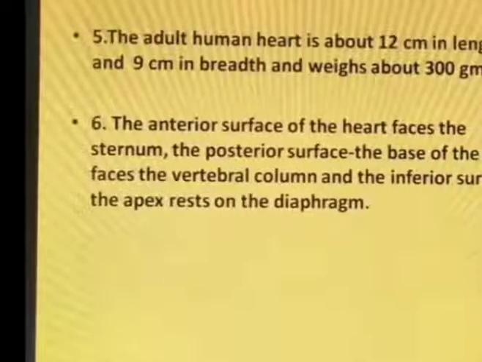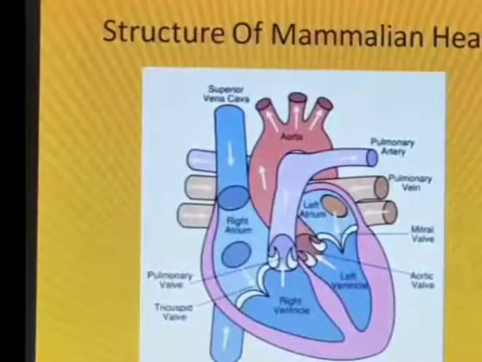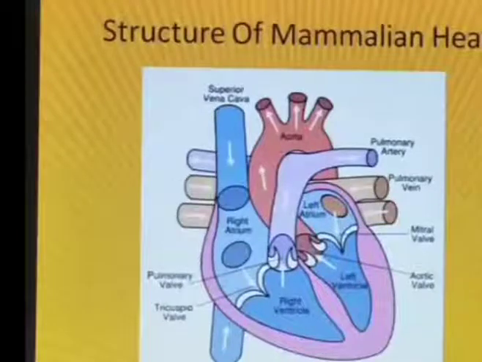The posterior surface, the base of the heart, faces the vertebral column, and the inferior surface, the apex, rests on the diaphragm. Diaphragm is a muscular partition which separates the pleural cavity from the visceral cavity. From the diagram, you see the structure of the heart. So this lower part rests on the diaphragm.